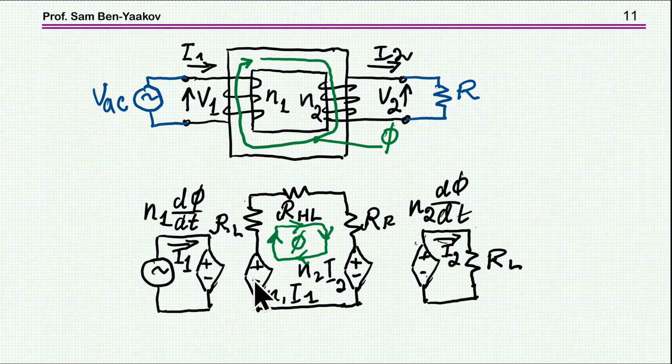And then we have a voltage source which represents the MMF, N times I. And this will be the secondary side, and it is the same. We have here the induced EMF and then the back MMF. So this actually represents this circuit here. And then we can do some simulation and calculation with this circuit.